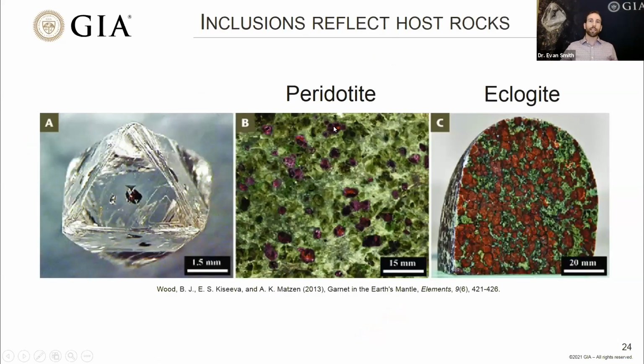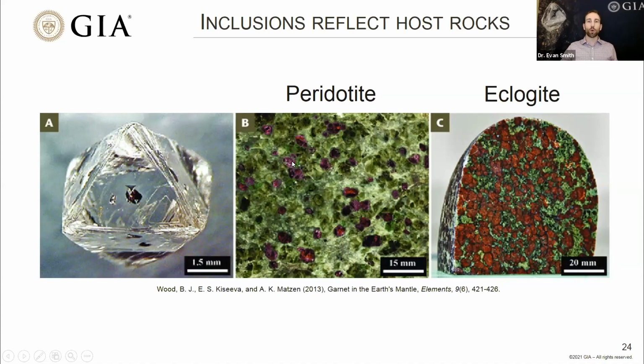If we take something like garnets, for instance, we have garnets in both peridotite and eclogite, but those garnets look a little bit different. Sometimes we see garnets trapped inside diamonds, and their color corresponds to either peridotite or eclogite. In peridotite, these garnets tend to be more purple or pink colors.